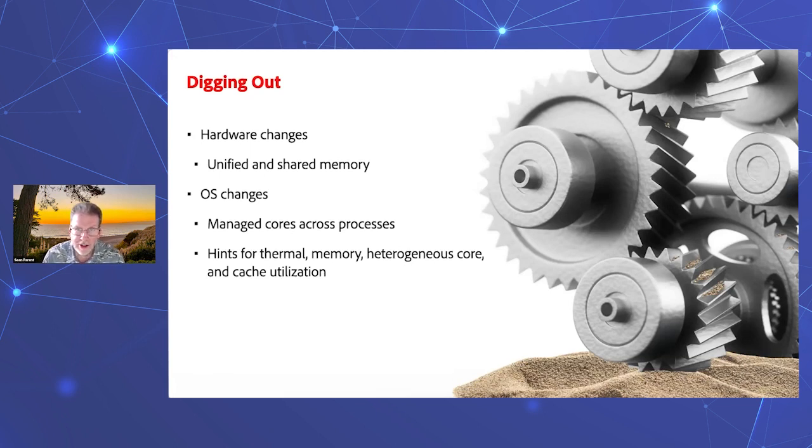We really need the OS to start providing hints around thermal, memory, heterogeneous cores, and cache utilization. Frankly, as a developer, when it comes to these issues, you're running mostly blind, right? It's very difficult to get information about how much you can saturate cores before the operating system is going to come and throttle you because you're going to get thermal issues.